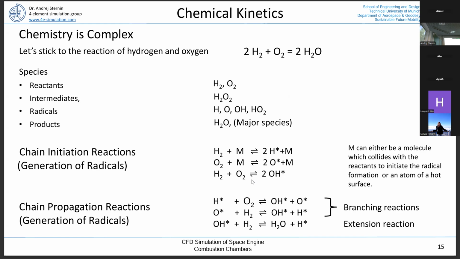The number of radicals generated is necessary: if it is much larger than one, we may run into an explosion. If we have just one radical generating another radical, this is the slow process. If we are increasing the number of radicals, then we are increasing the reaction rate. And sometimes, as I said, this goes into an explosion.